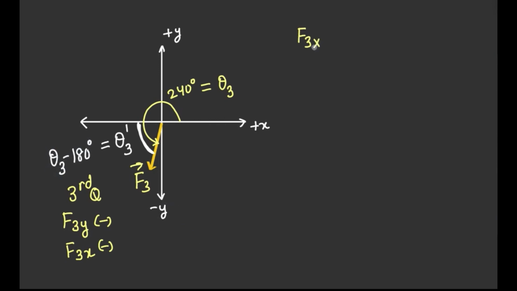All right, so f3x is f3 cosine theta 3. This is going to be 10 newtons times cosine of 240 degrees. Cosine of 240 degrees is a negative number. So f3x will turn out to be a negative number on its own. We do not have to insert a negative sign in front of the number that we are going to calculate for f3x.